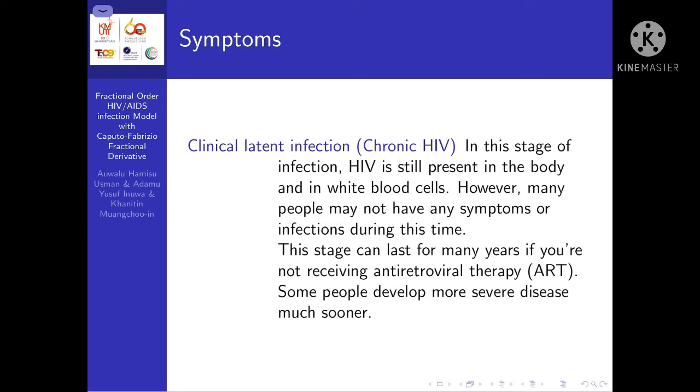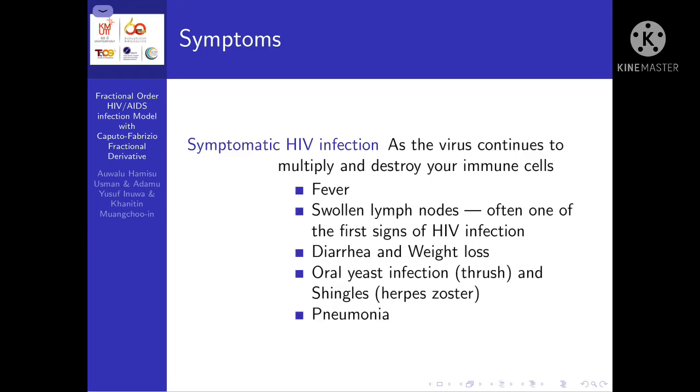This stage can last for many years if you do not receive antiretroviral therapy, ART. Then some people develop more disease much sooner. The symptomatic HIV infection occurs as the virus continues to multiply and destroy your immune cells.